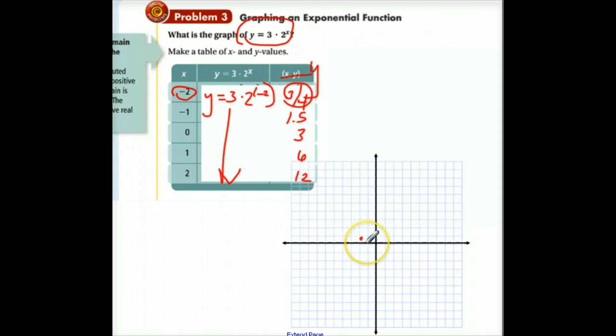Negative 1 on the x-axis, up 1.5. 0, up 3. 1 on x, up 6. And over 2, up 12, somewhere up here. So my graph is going to look something like this. I missed my points, but it's hard to do on here. Anyway, it's not a straight line, but it has a curve to it. It's an exponential function. So just plug in those x values that you choose into the function that they give you in the problem.